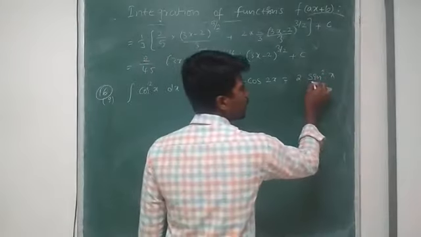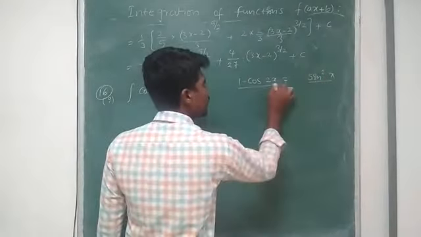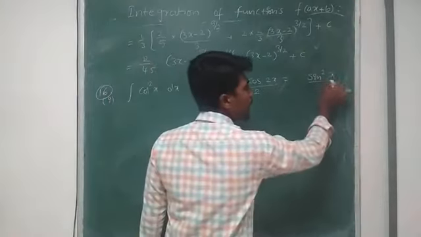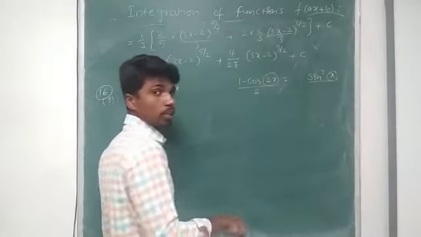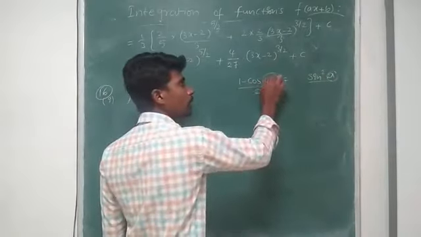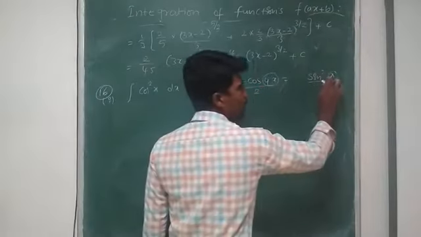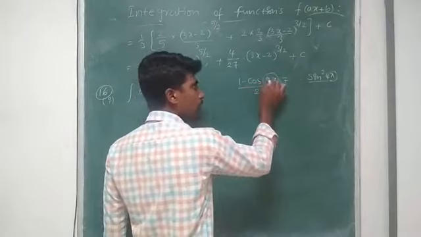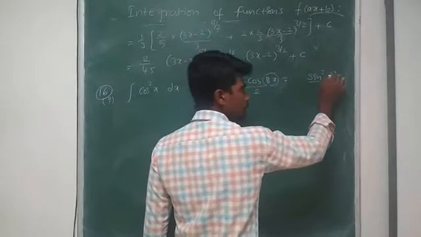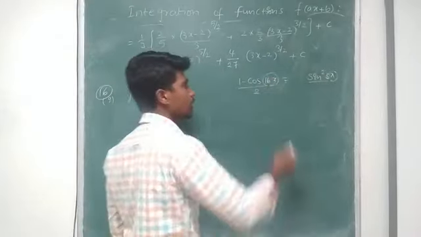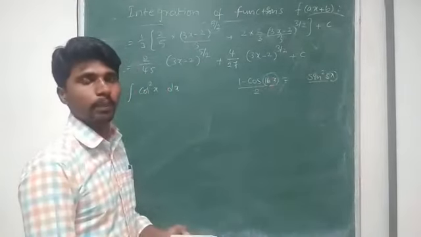If I want to write only sin square x, this 2 can transpose to the left side, so sin square x is (1 minus cos 2x) by 2. If it is sin square 2x, then it will be 1 minus cos 4x. If it is sin square 4x, then it will be 1 minus cos 8x. If it is 8, this will be 16. If it is 3, it will be 6. So I have to multiply like that.